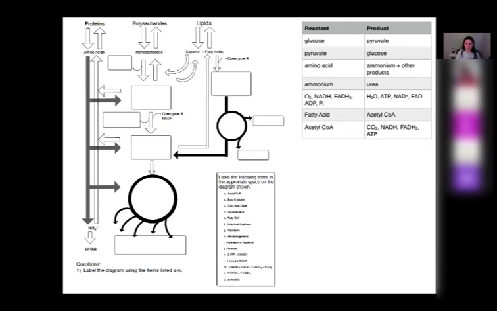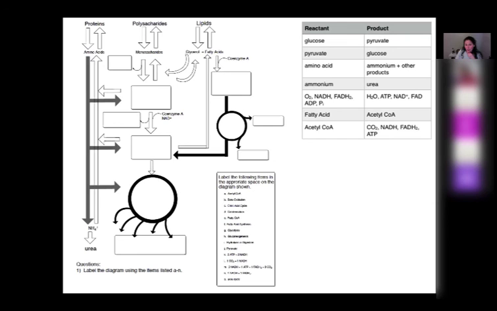So there is a list of a bunch of different things on here that you should be able to label on this diagram. And then there's also things that are blank. And so just make sure that you can label as many of the arrows or boxes on this chart as you possibly can. You should expect something similar to this on your final exam, maybe not exactly the same, but similar.